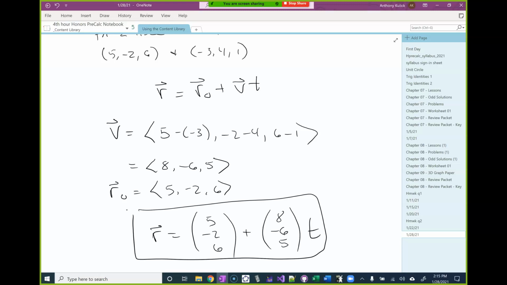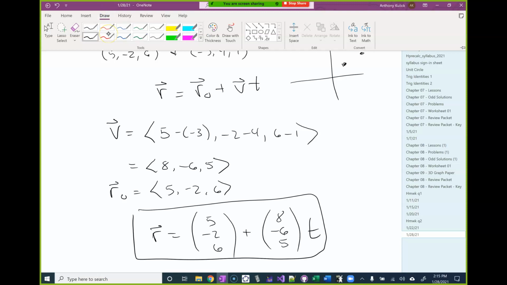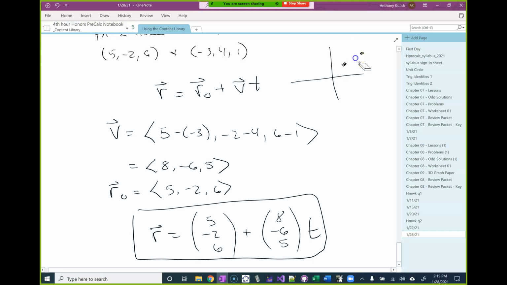So think about what it is that we're doing. Again, I'm going to think about this as a 2-dimensional one just because it's easier for me to draw the picture. But you're saying, okay, I have some 2 points, and we want to draw a line through them. Actually, let me put the points in a little bit different location.